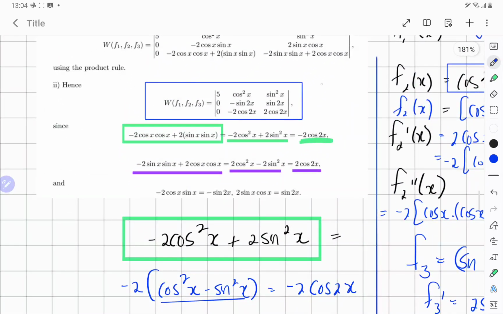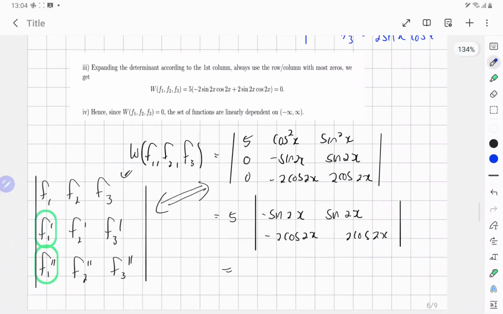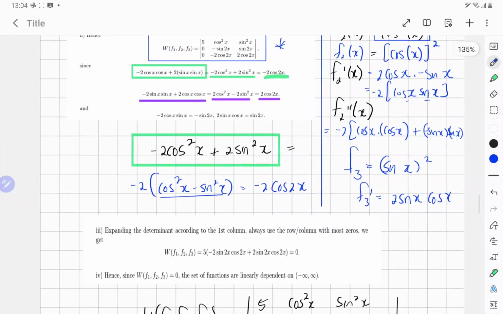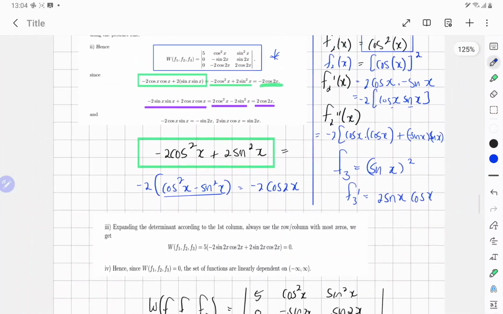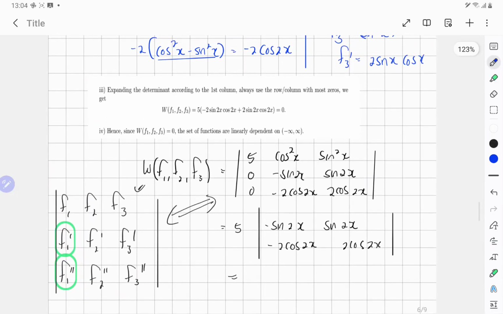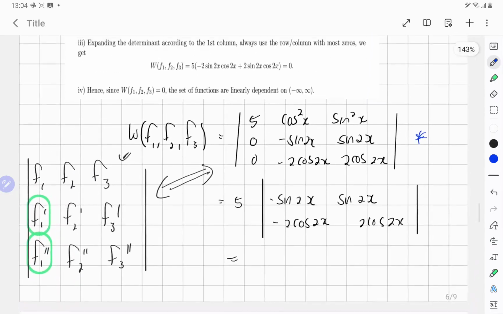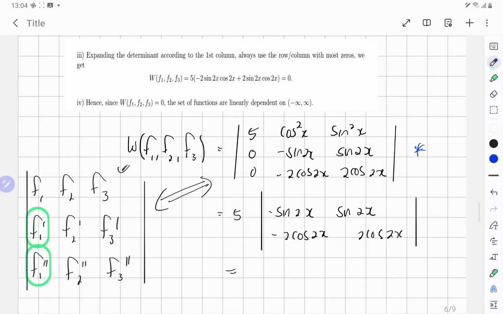So where are we now? We have this Wronskian, so I've just copied it onto here. Now, very important, what I said here, you should all remember from first year: I always expand my determinant according to the row or column with the most zeros.